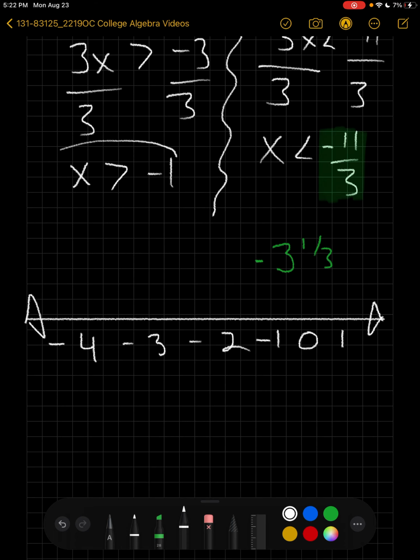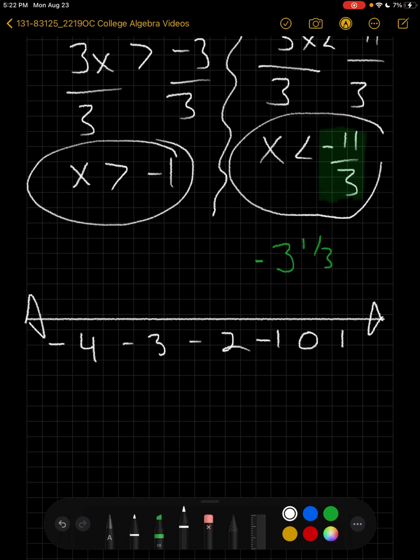So here's my number line, and I know that I'm looking for numbers that are larger than negative 1 and smaller than negative 11 over 3. So, okay, here are numbers larger.